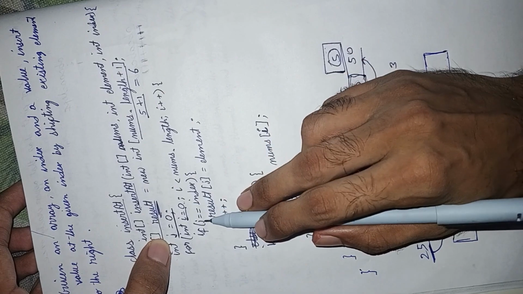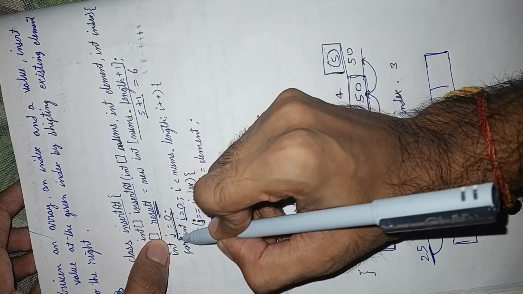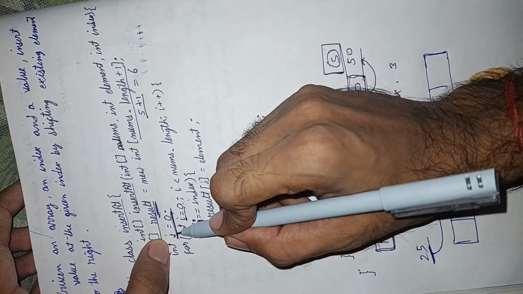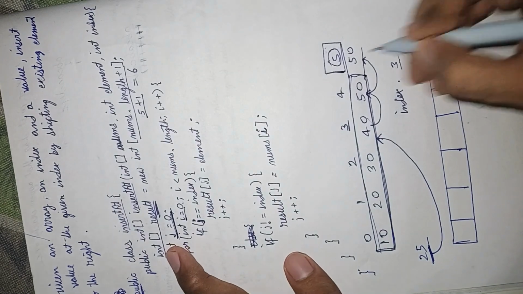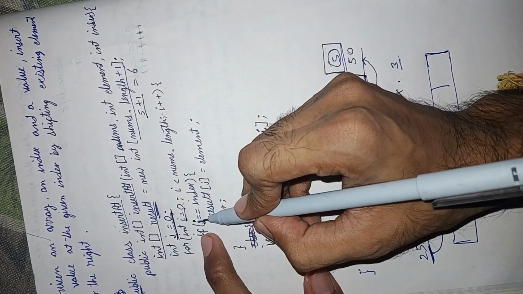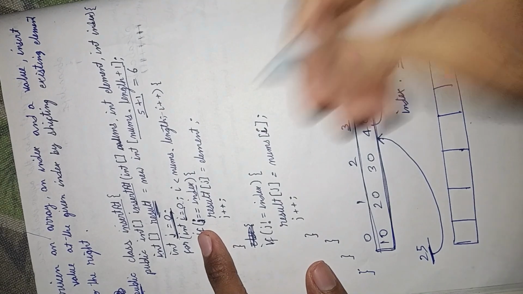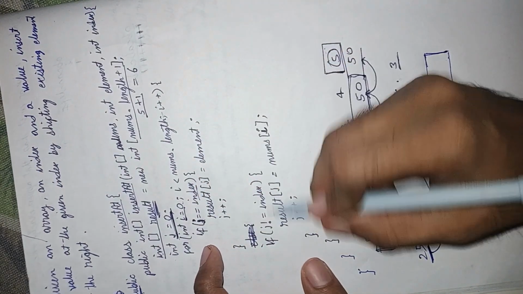So when the iteration i equals 0, it will check, firstly, j is equal to 0 and the index value is 3. It will get into the for loop and check if j is equal to index. So is 0 equal to 3? No. So it will skip this and get to the else.